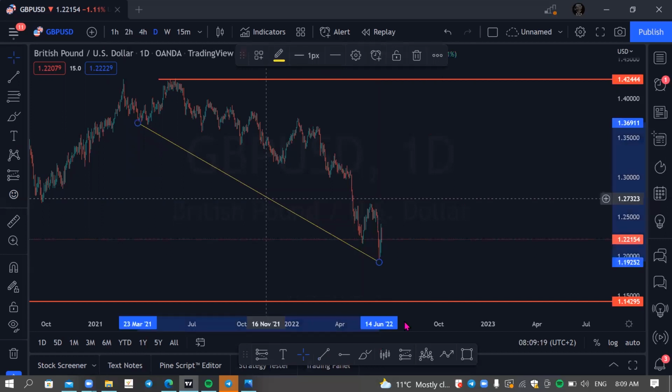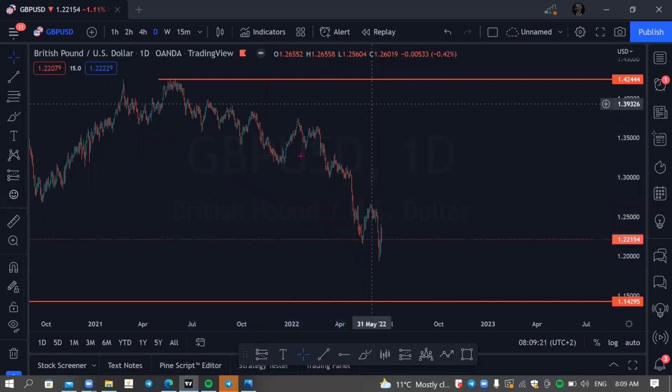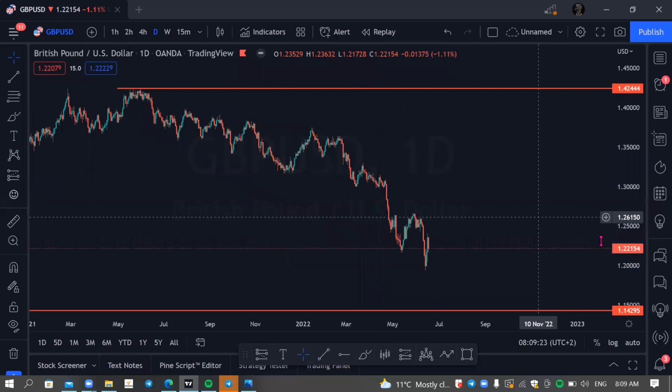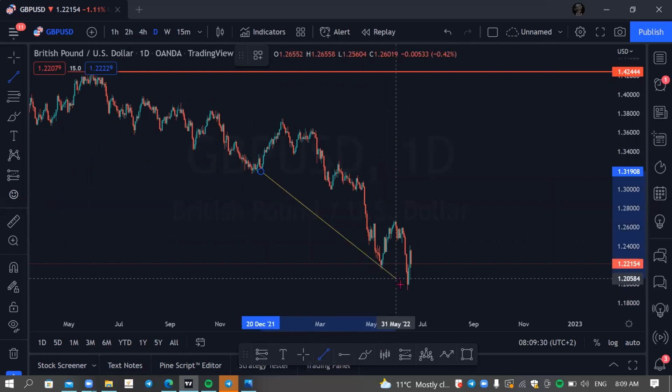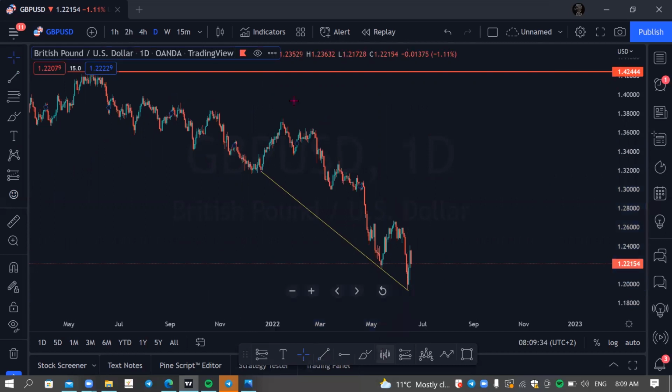You don't force anything when you draw your structures.